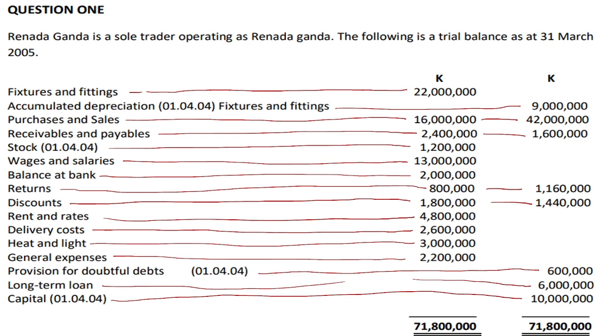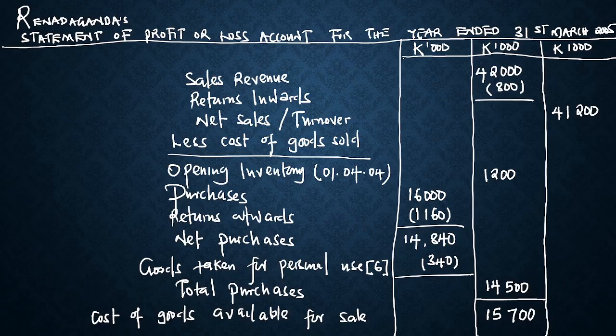So you have to check whether there was an increase or there was a decrease. So let me explain how you treat an increase and also a decrease.